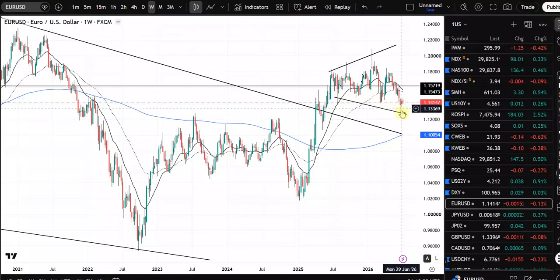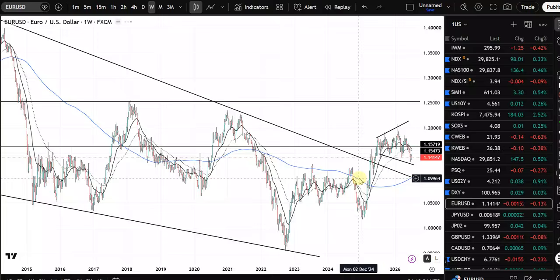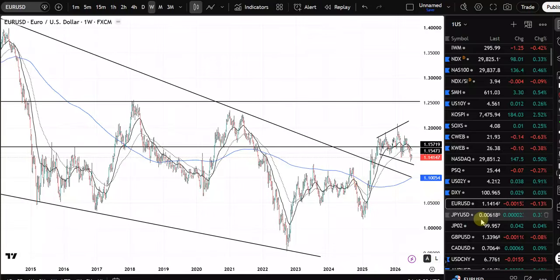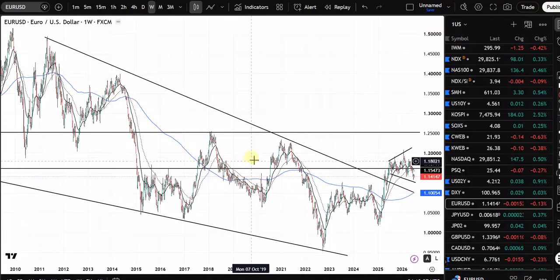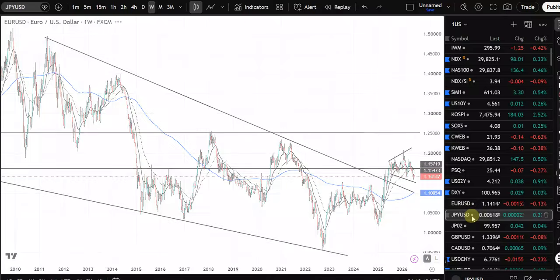So that's implying we're at the bottom of a short-term trend here for the euro to have a bounce. All right, so that's not looking like the euro is going to fall out of bed anytime soon.